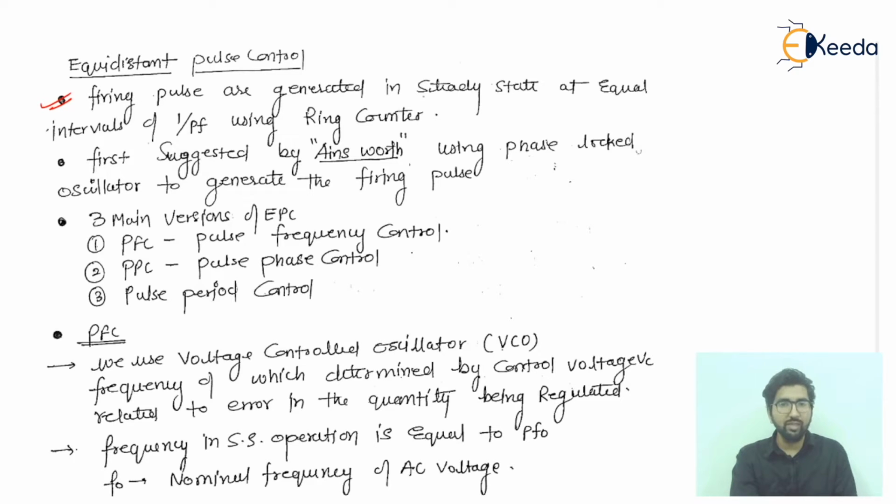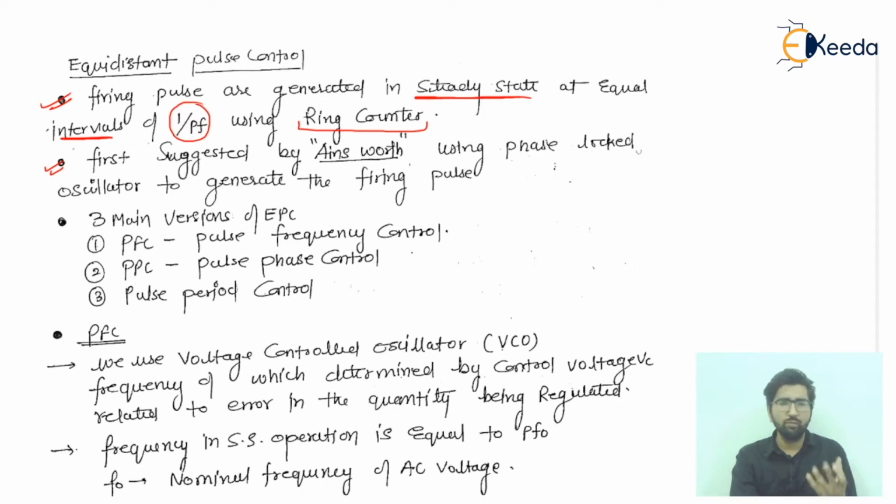The key point to remember is that these are generated in the steady state, all having equal intervals of 1 upon PF, and that is done using the ring counter. You have studied the ring counter in your EDC.